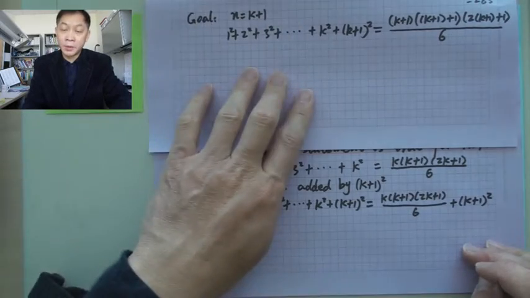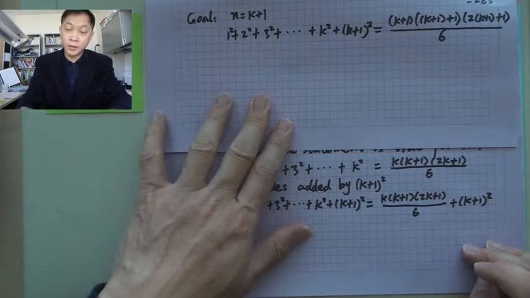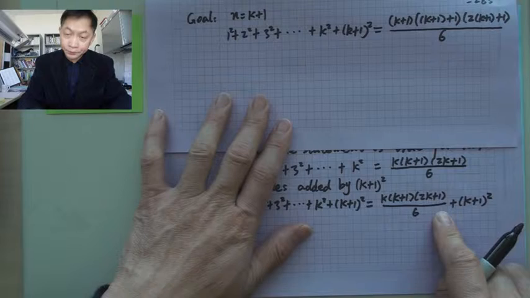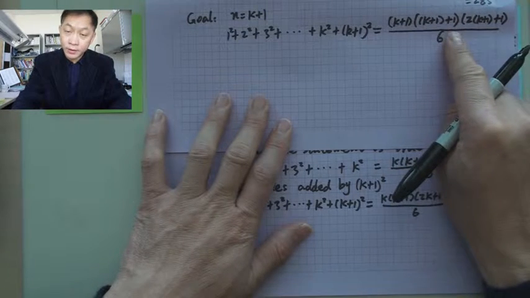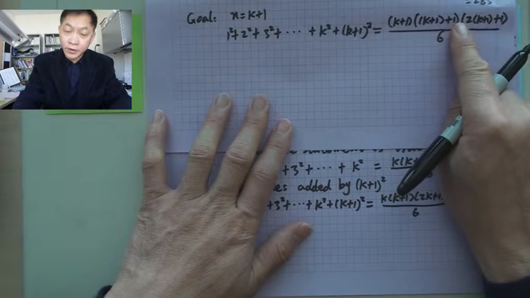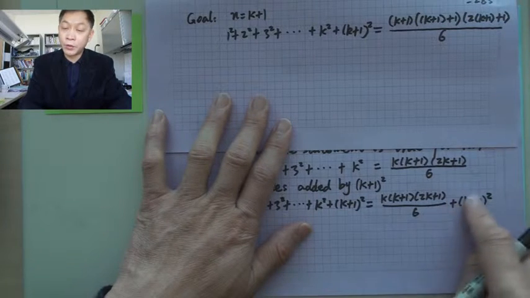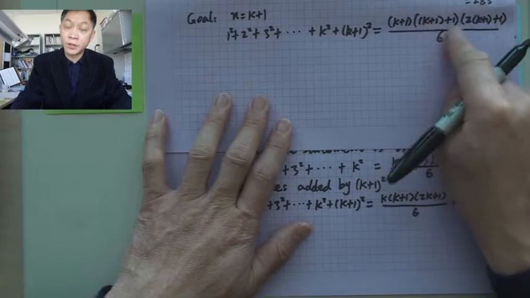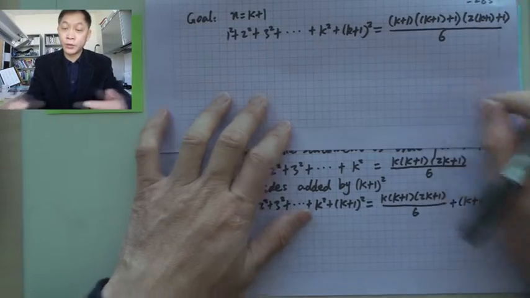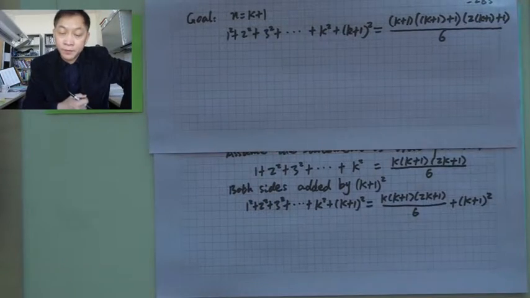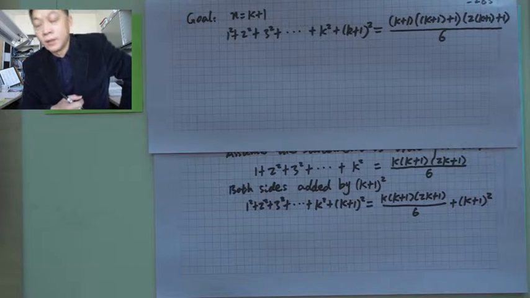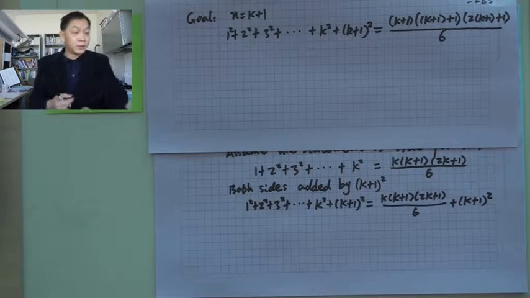So our business is what? Is to change this one to this one, or changing this one to this one, or changing this one to somewhere and also changing this one to somewhere to see they're actually the same. Okay, so that's our business.